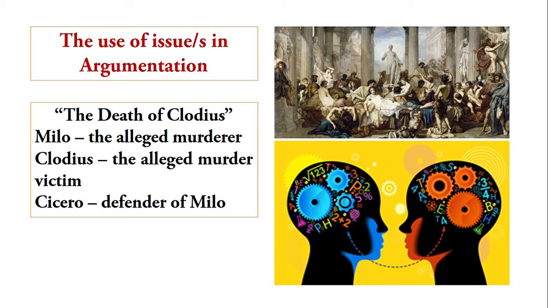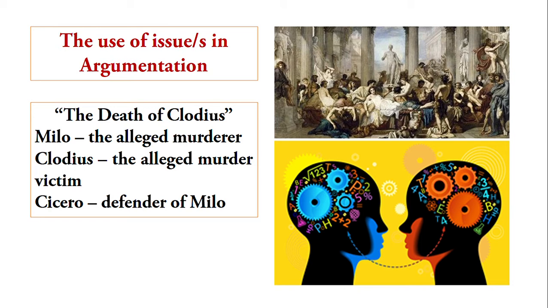And let me tell you the story behind the death of Claudius. So, in this story, there are three characters. We have Milo, Claudius, and Cicero. Milo is a very prominent Roman politician, but he was charged with the murder of his political opponent Claudius.